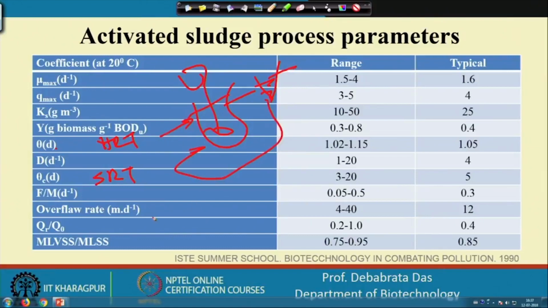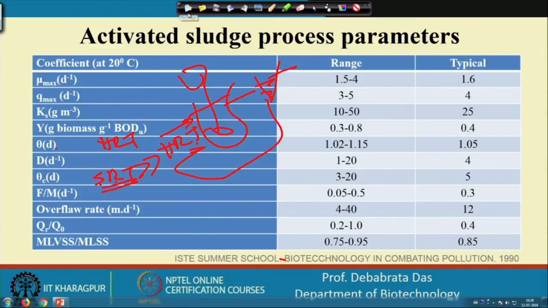So, the main purpose is that you want to increase the solid detention time as compared to the hydraulic detention time. In case of a CSTR, if you do not do the recycling, then solid detention time is equal to hydraulic detention time. As soon as you recycle the solid, that means you are allowing more time for the solid to reside in the reactor.